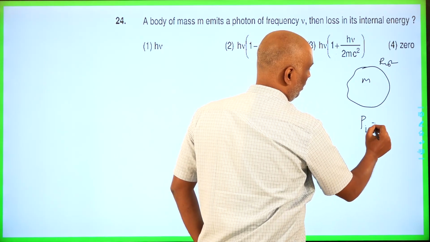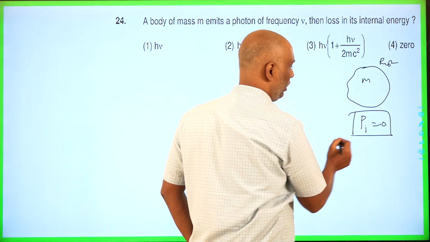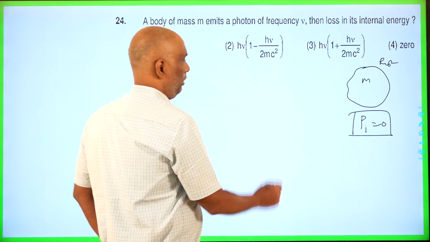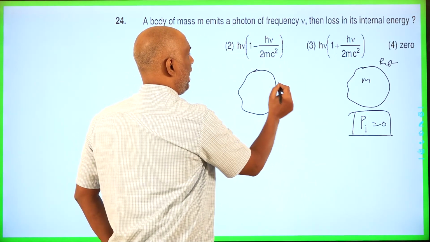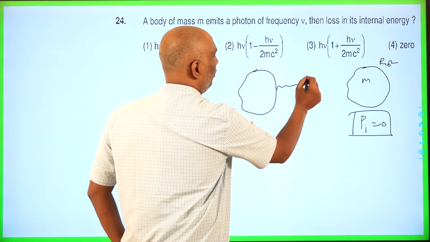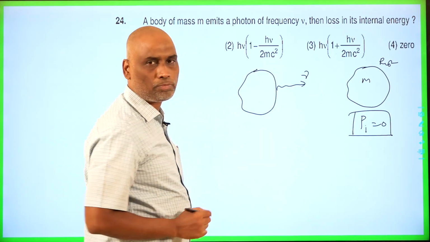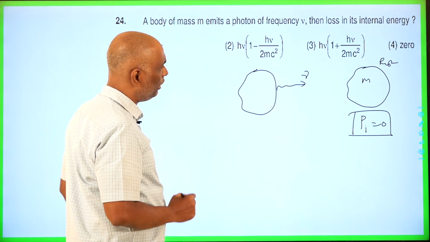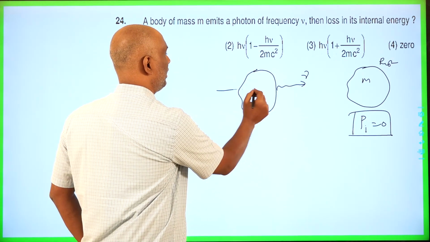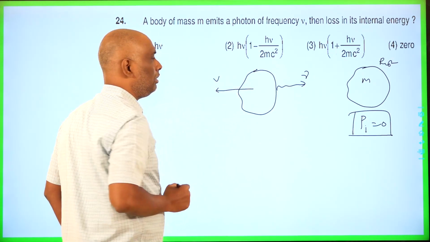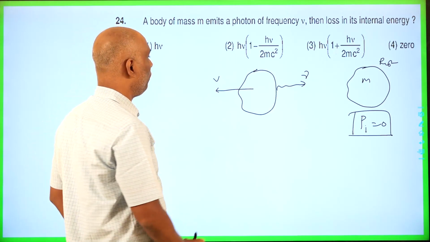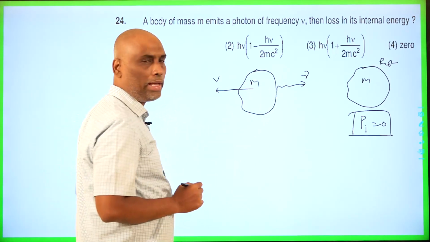Therefore I can say the initial momentum of the system is equal to 0. Later this object has emitted one photon whose frequency is equal to nu. When it emits a photon of frequency nu, obviously this mass will recoil. Let us imagine that the recoil speed of this mass is v. This mass is m.